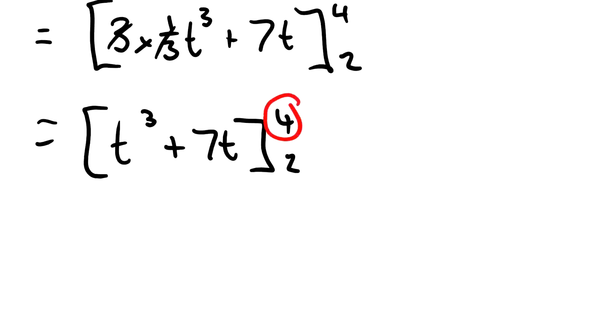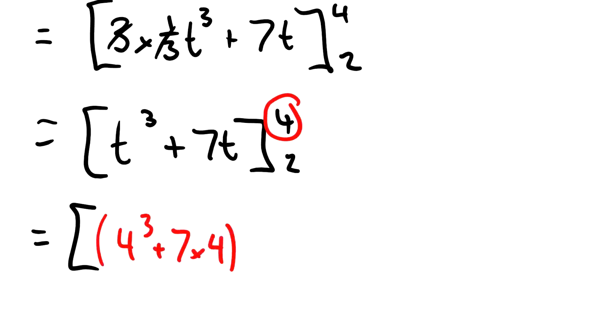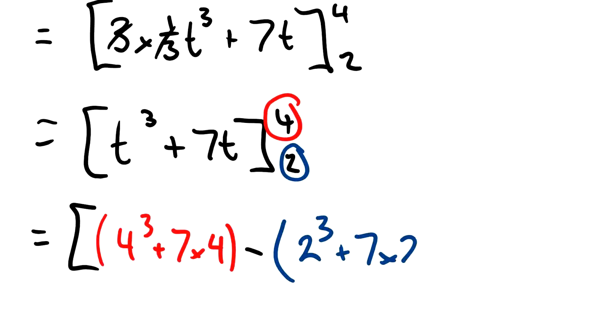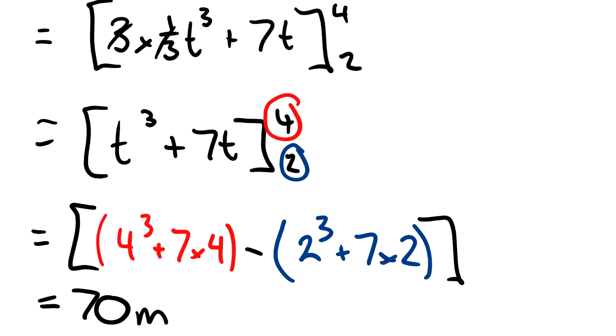Now we're focusing on the 4 first, so we get 4 to the power of 3 plus 7 times 4. We then focus on our 2, and we get 2 to the power of 3 plus 7 times 2. You can use a calculator to solve it, and we get 70. Now it was displacement. Displacement is distance, so our units are meters. So there we go.